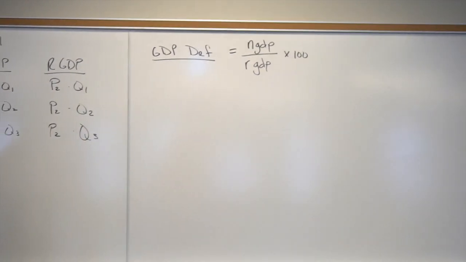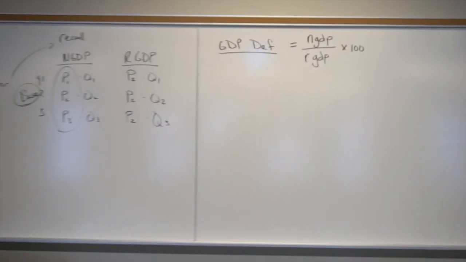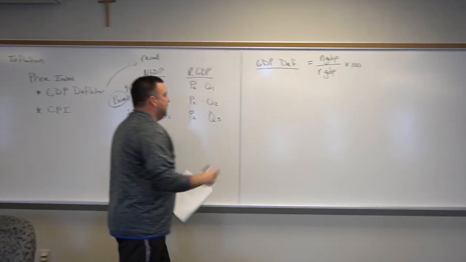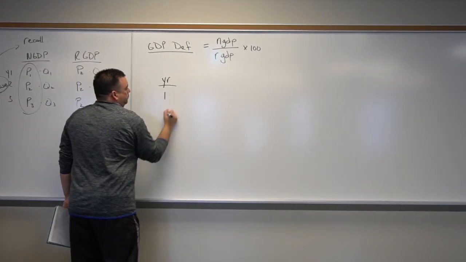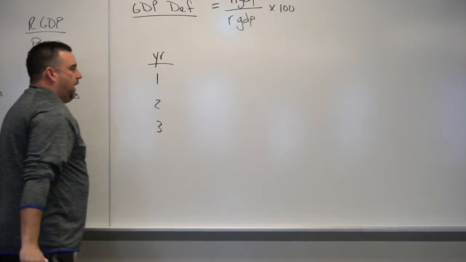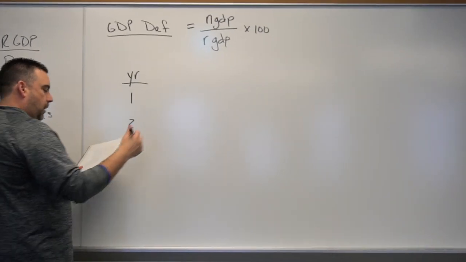So I had a chart pre-made here, again with silly little values. I'll give you a second to get this in your notes as I get it all up here.